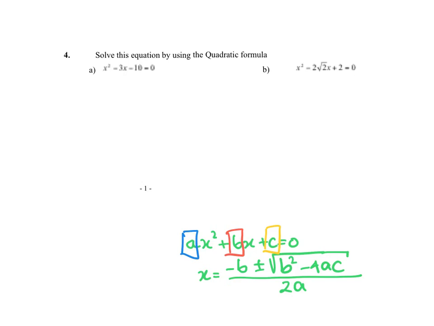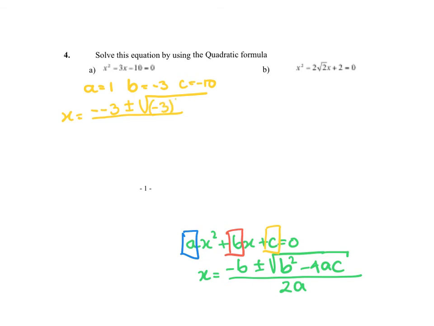The first thing I will do is identify my a, b and c. a is the coefficient of x to the power of 2, which is 1, b is the coefficient of x, negative 3, and c is negative 10. Now I'm going to substitute into the quadratic formula. Since b is negative 3, it's going to be negative, negative 3 plus minus square root of negative 3.